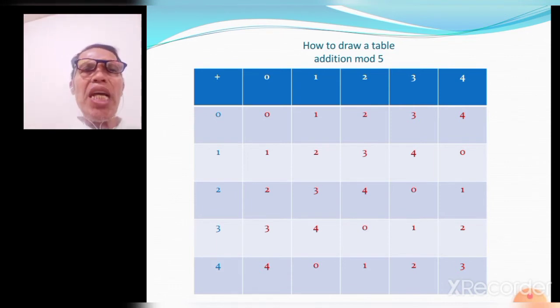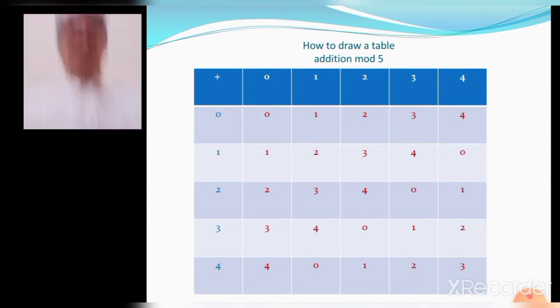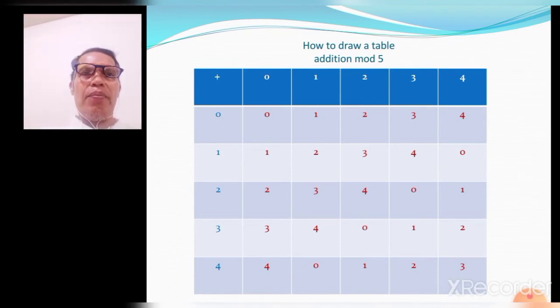Now, we have the modulo 5. The modulo number is the one that tells us how many elements the table must contain. Since the modulo is 5, we must have 5 elements. So we have 0, 1, 2, 3, 4. The last element must be n minus 1, wherein n is the modulo number.